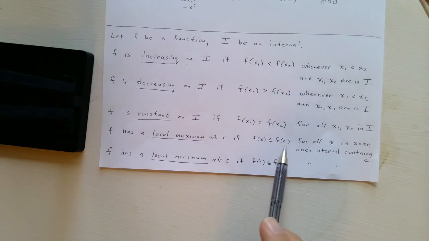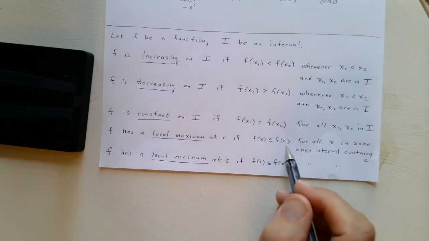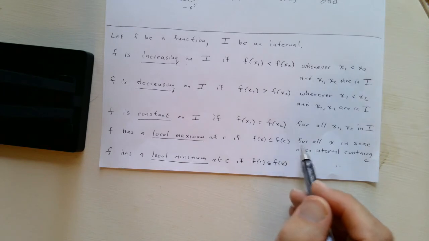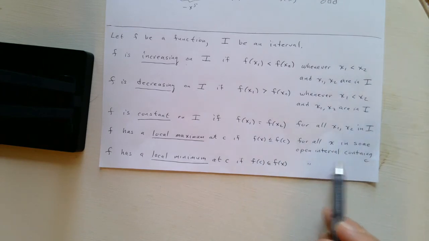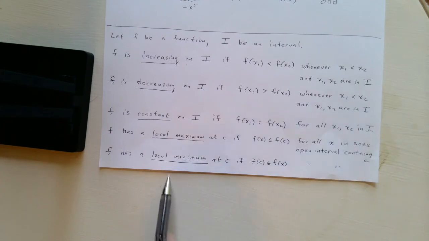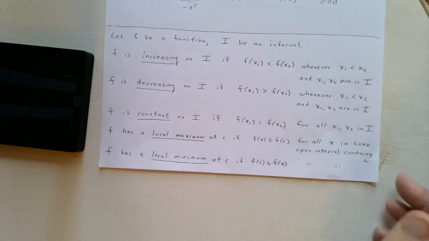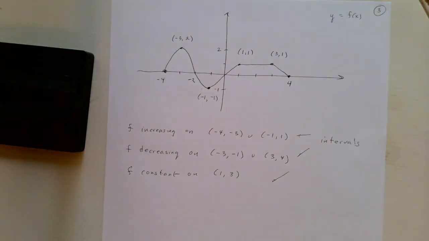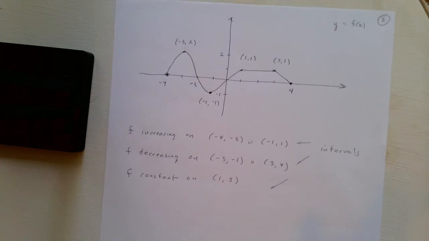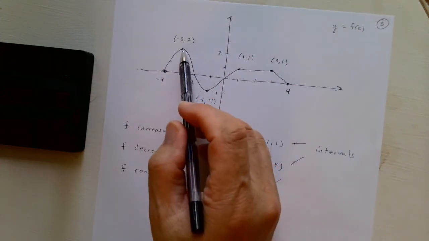That means you can take the point at c and draw a little interval around c, and this holds true for all values of x in that interval. Same thing with a local minimum at c. That means f of c is less than or equal to f of x for all x in this open interval.